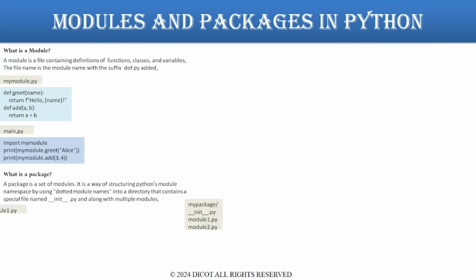Module1.py contains the definition for a function named foo. Path of this module is mypackage/module1.py, and module2.py contains the definition for a function named bar. Path of this module is mypackage/module2.py.